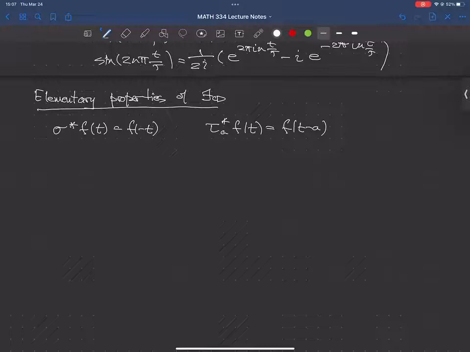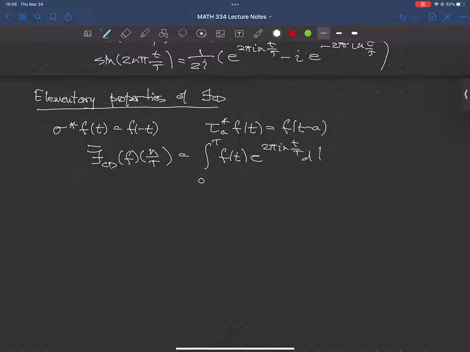Then I'm going to make use of a modified version of the CDFT, which I'll write with a bar on top because there's a complex conjugation happening. It differs from the CDFT just by a minus sign there.